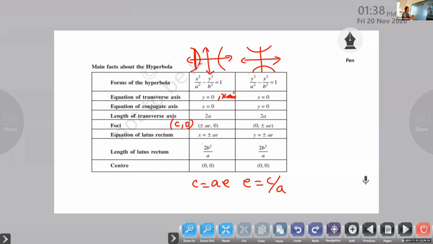Equation of the latus rectum is x is equal to plus or minus ae. Here y is equal to plus or minus ae is not needed. Now, length of latus rectum. For ellipse also we learned it as 2b squared by a, isn't it? Here also it is the same. Length of latus rectum is 2b squared by a. And the center is (0, 0).